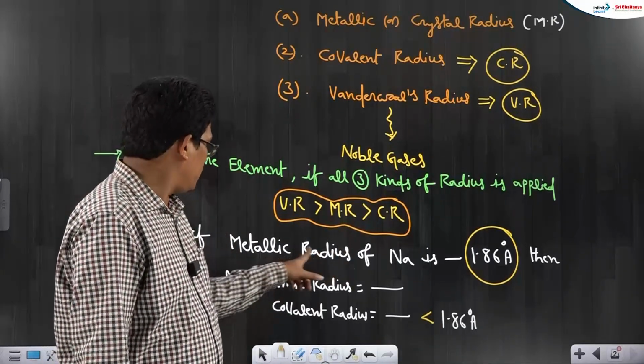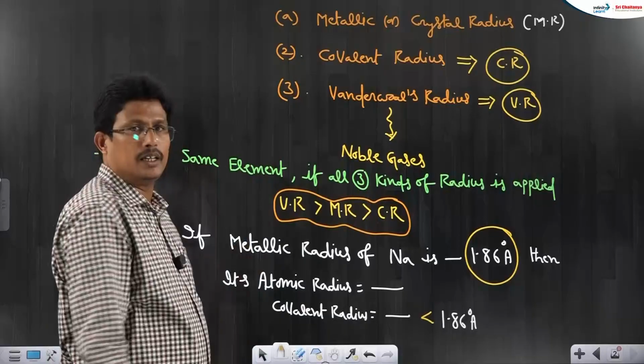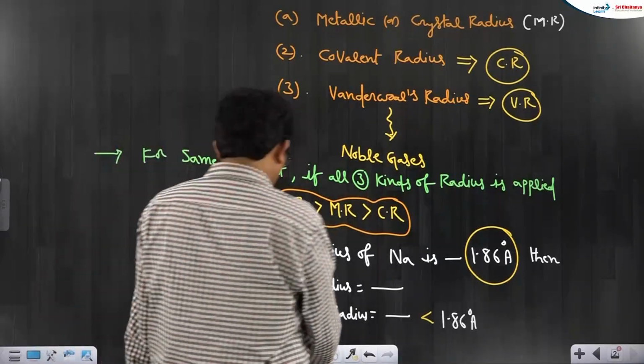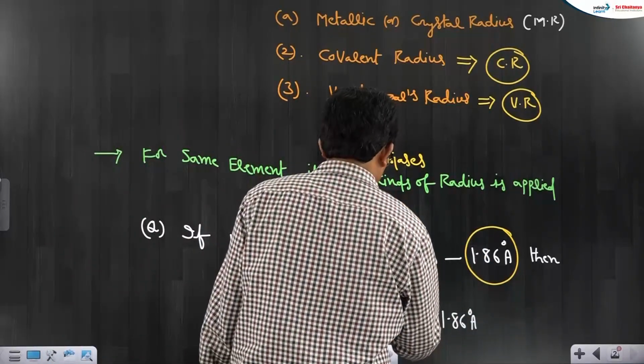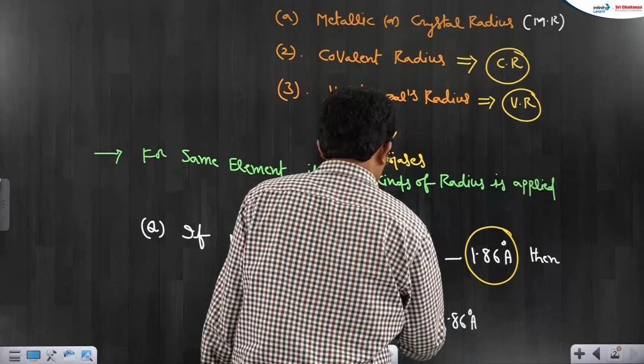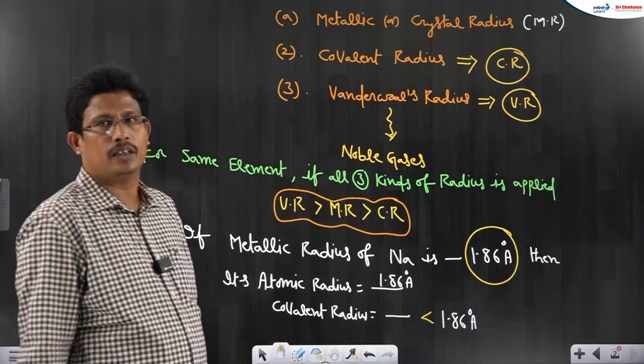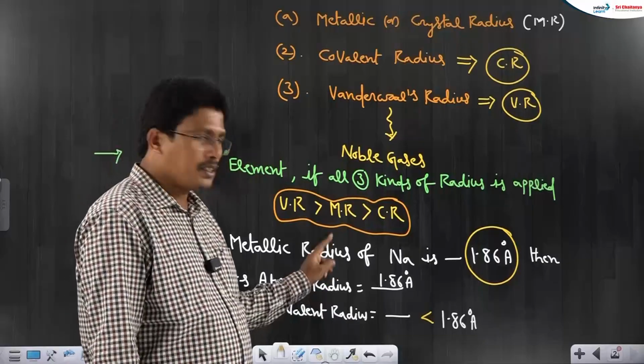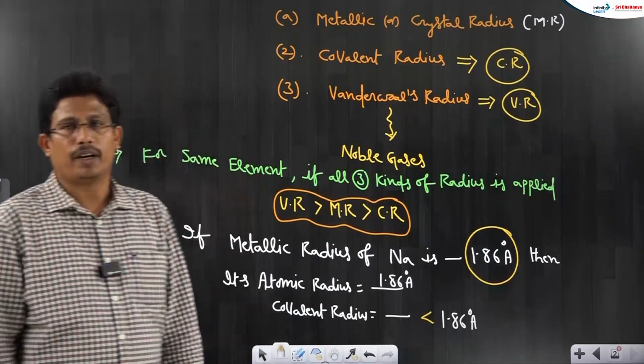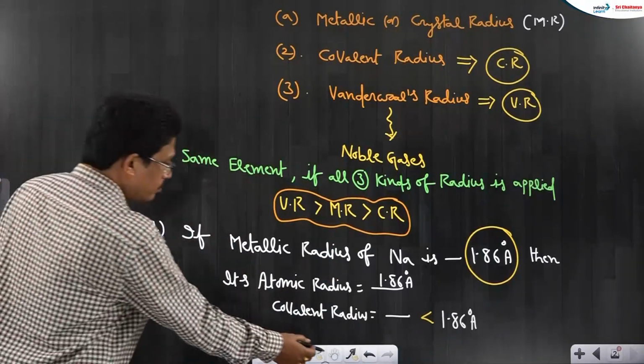Similarly, for metals, atomic radius is nothing but metallic radius, so the atomic radius value is the same, 1.86. Okay.